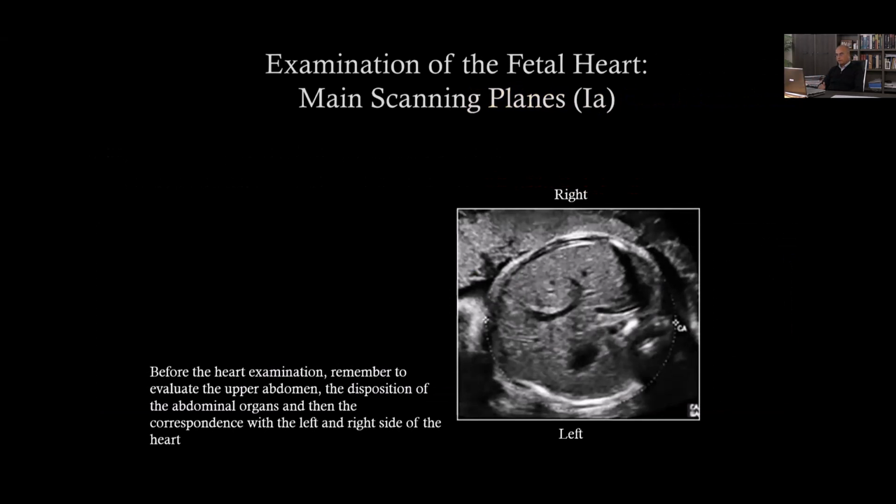So, before starting in evaluating the main scanning planes for the fetal heart, I want to suggest that we start with the examination of the upper abdomen. Remember to evaluate this part of the fetus and the position of the abdominal organs, and then the correspondence with the left and right side of the heart.